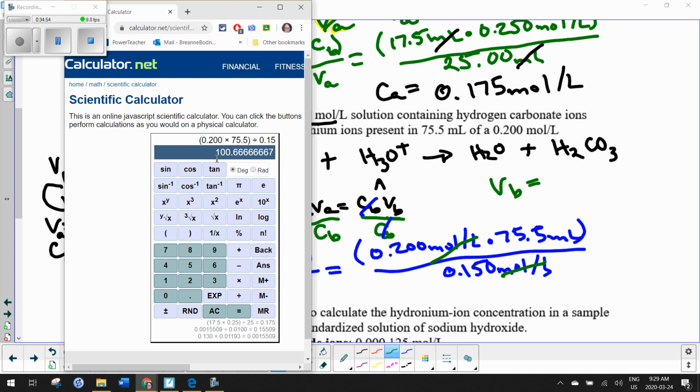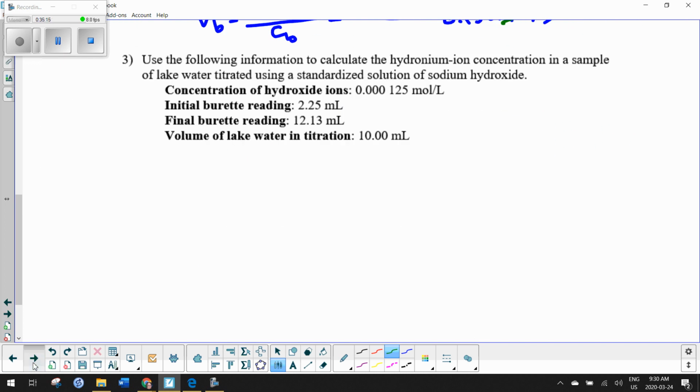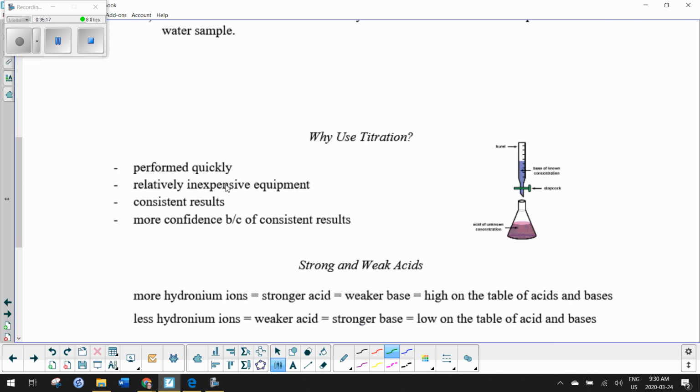So if I only want 3 numbers, the 6 tells the 0 to round up to a 1. So we have 101. 101, and again, milliliters. Okay, so now you need to attempt question 3 and 4 by yourself.